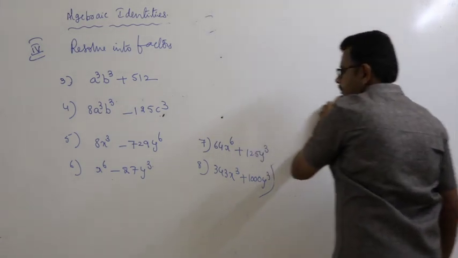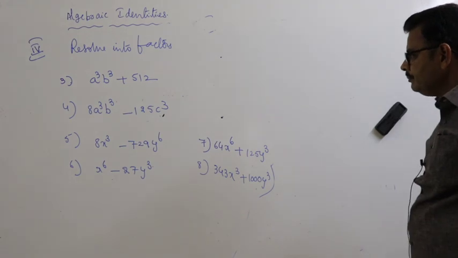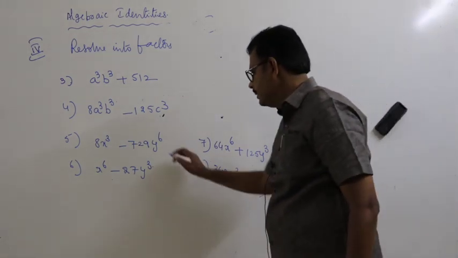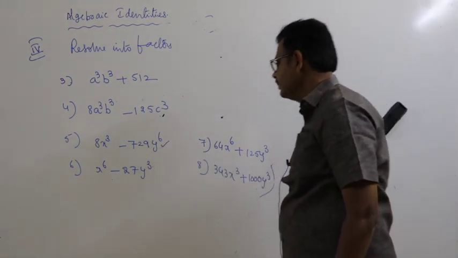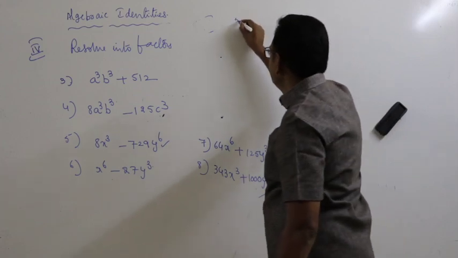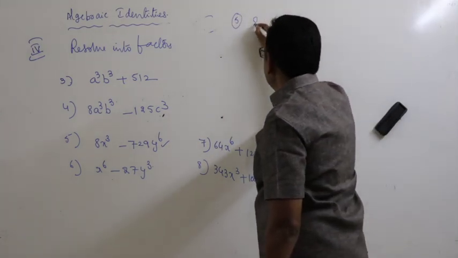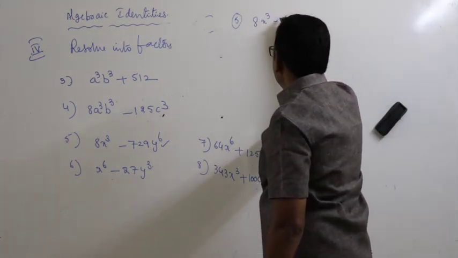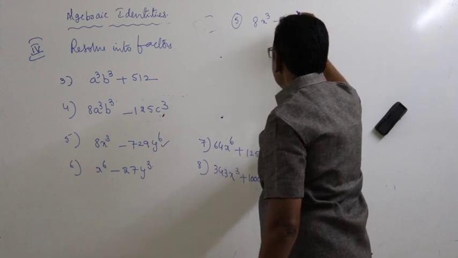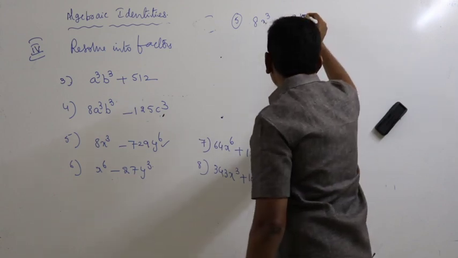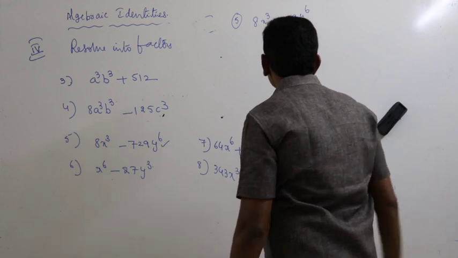So you have to try these problems. I will explain one. This one, fifth problem. 8x cube minus 729 y power 6.